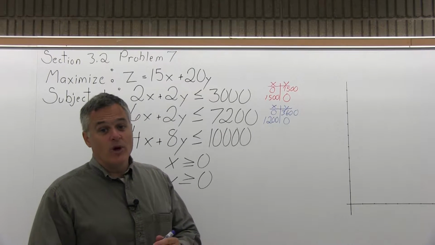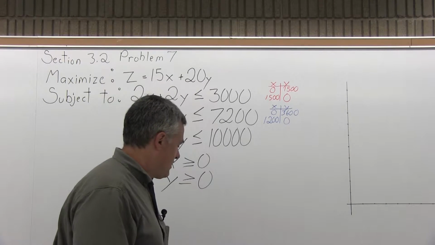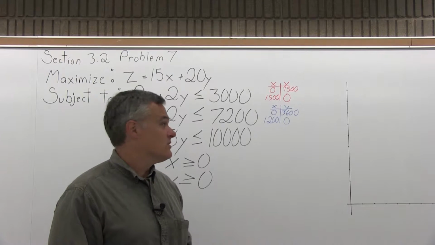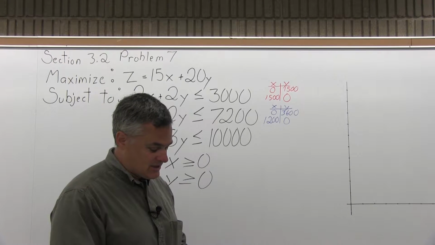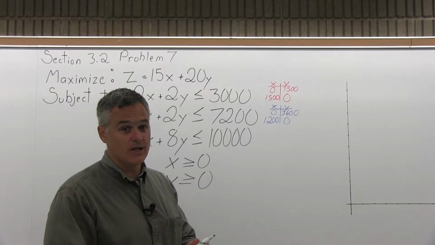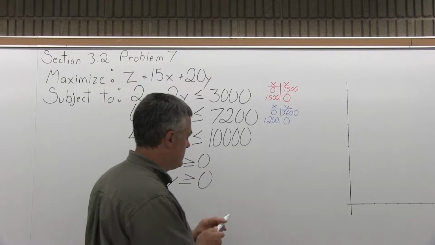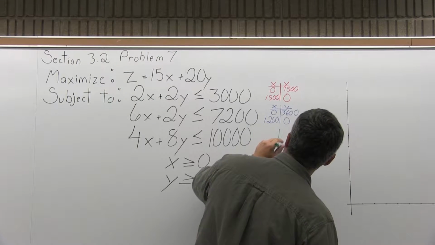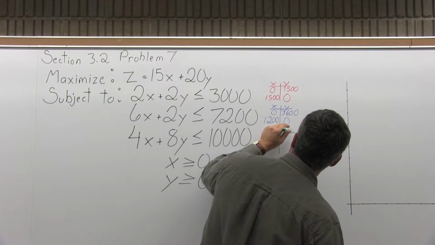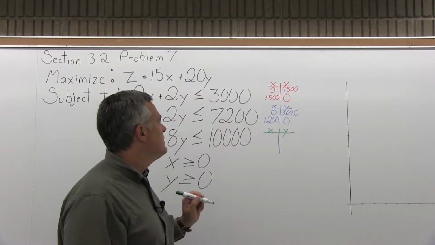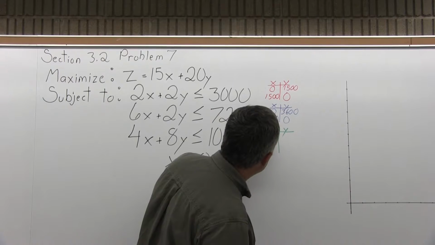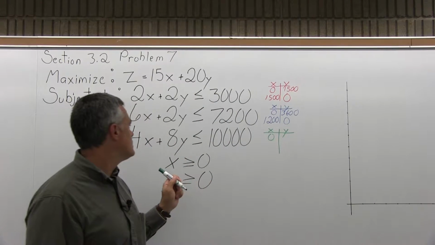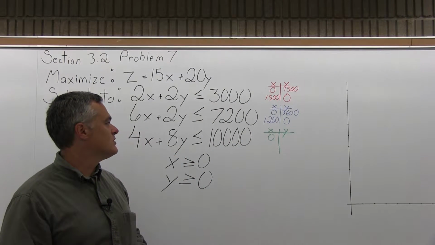So now I have one last constraint that I have to make a little xy chart next to, the one with the 10,000 at the end. And now I'm going to do that one in a different color still. I'm going to go to green. So now I'm going to let x equal 0. And again, I'm starting with the constraint 4x plus 8y is less than or equal to 10,000.